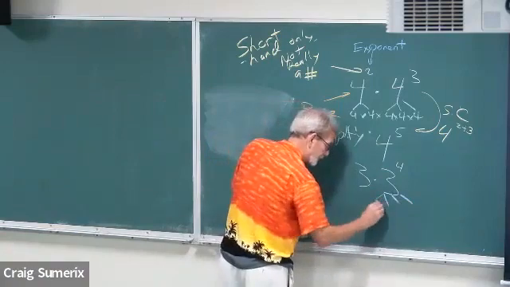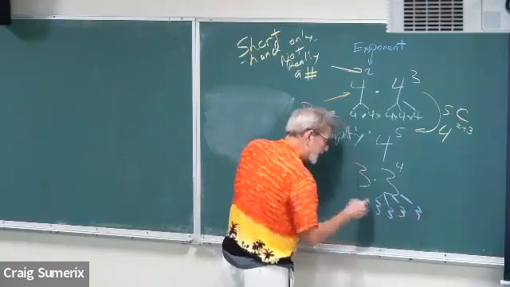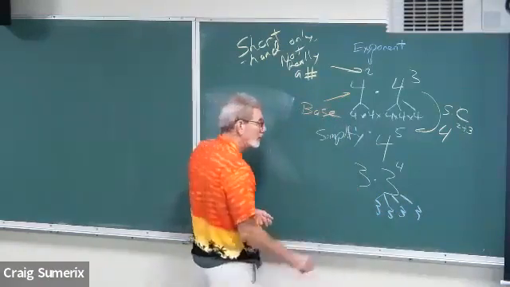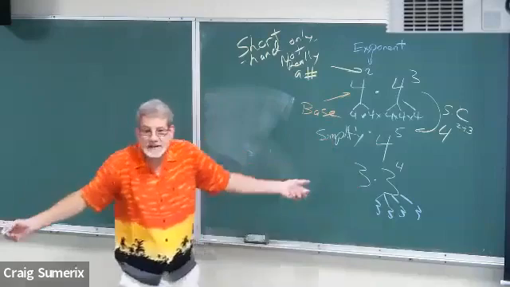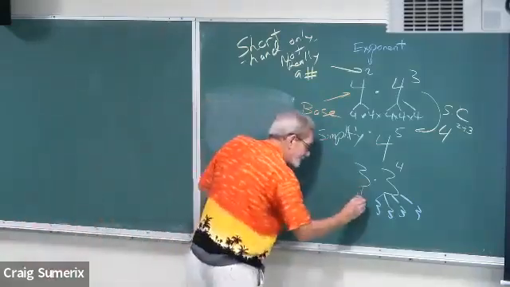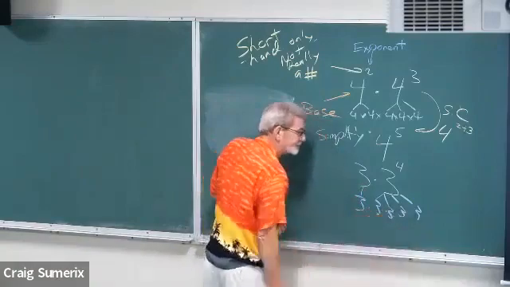Agreed? Yes. How many 3s are here? 1. How do you know? Because it's there. It has to be 1 because it's there. True? So how many 3s have I got?